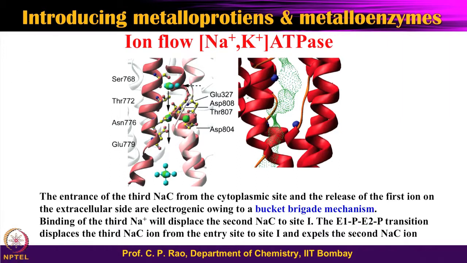Now, let us look at a little more information in this context, which explains the sodium ion movement. You see that. So, in one of the protein parts inside this membrane, you have 2 alpha helices coming closer.